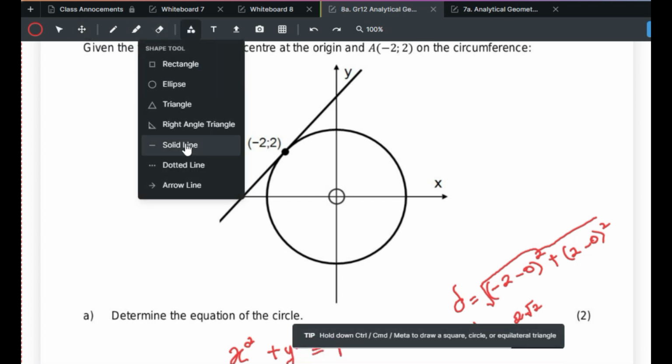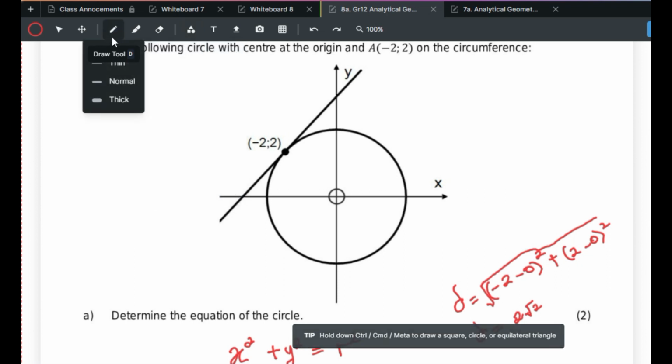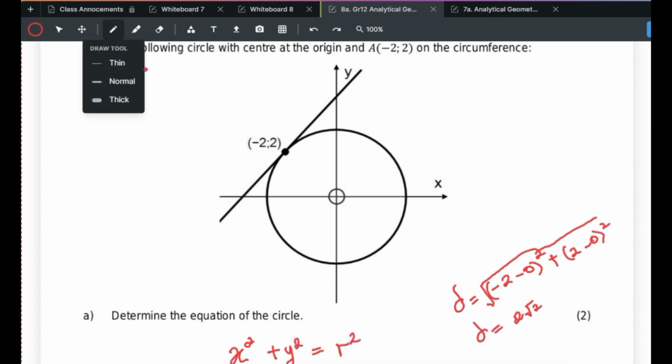So AQB is perpendicular to QO. Sorry, that's wrong. The radius is perpendicular to your tangent line, right?